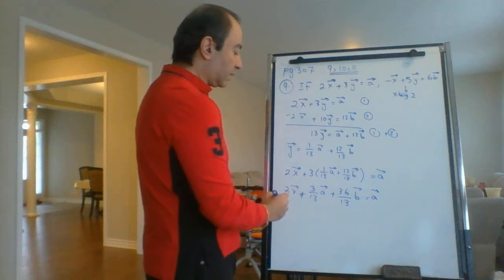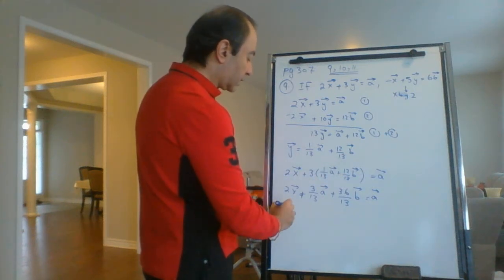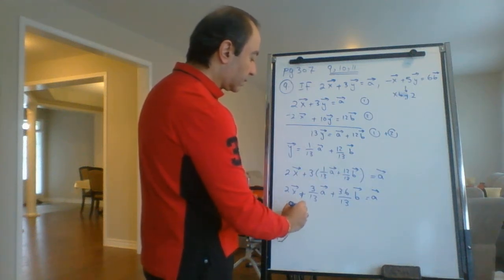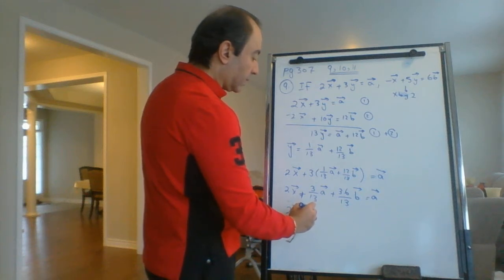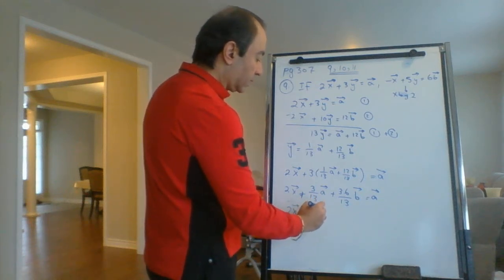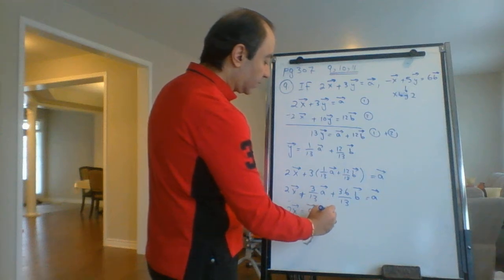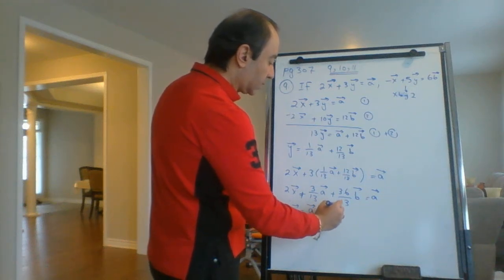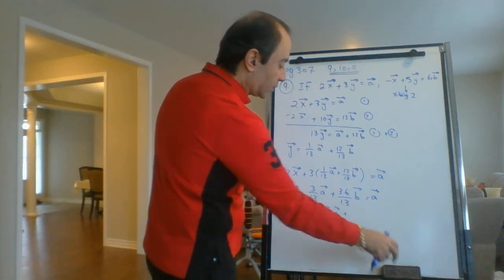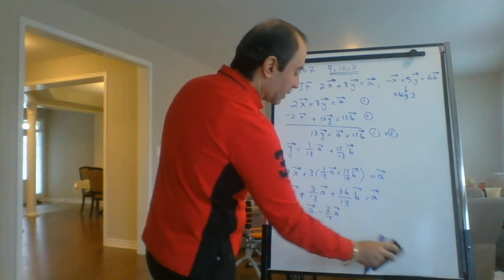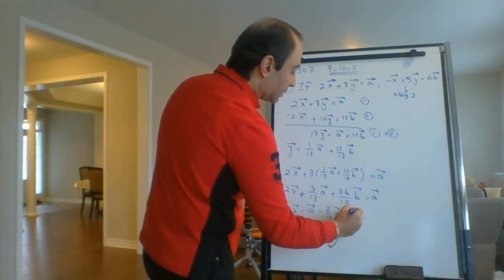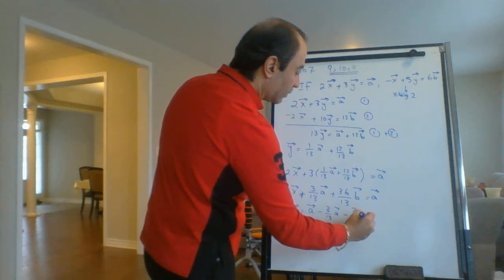I'm trying to isolate the x, so I will send everything to the other side. So 2 vector x will equal vector a minus 3 over 13 vector a, minus, because we sent it to the other side, 36 over 13 vector b.